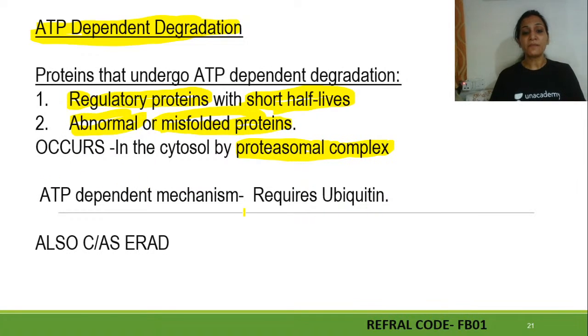Now the ATP dependent mechanism is further extended with the help of another kind of molecule called ubiquitin, right? We are going to see this mechanism of ubiquitin dependent protein degradation now. It is a part of ATP dependent degradation, and this is also called endoplasmic reticulum associated degradation, with the help of ubiquitin.